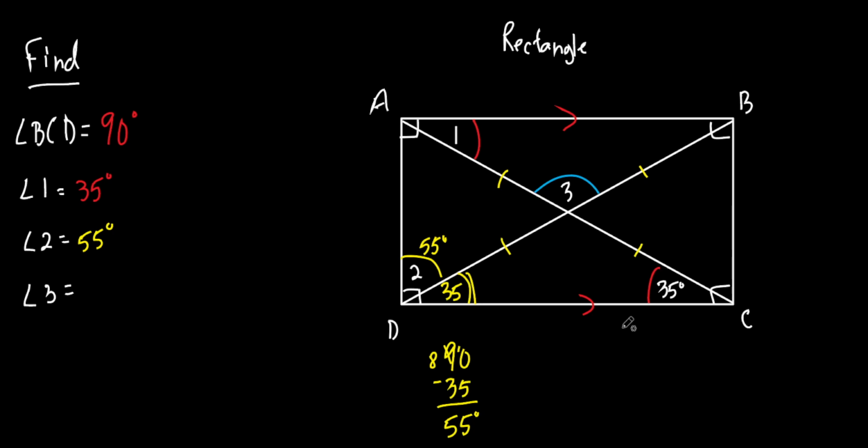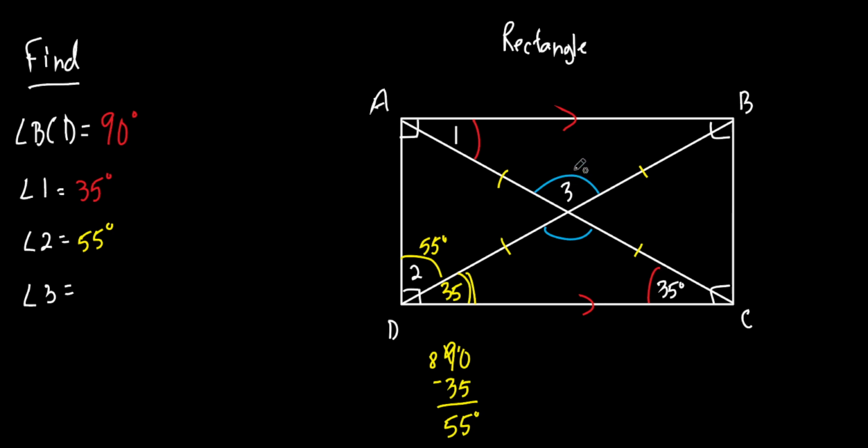Okay, what about the 180? It means you're subtracting 180 minus 35. Right? Thank you. All right, so watch. Let me show you one thing real quick. Do you see how this is 35 and this is 35? What's this angle compared to this angle?